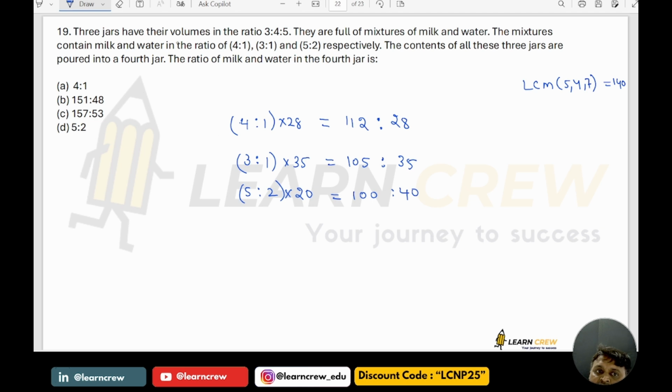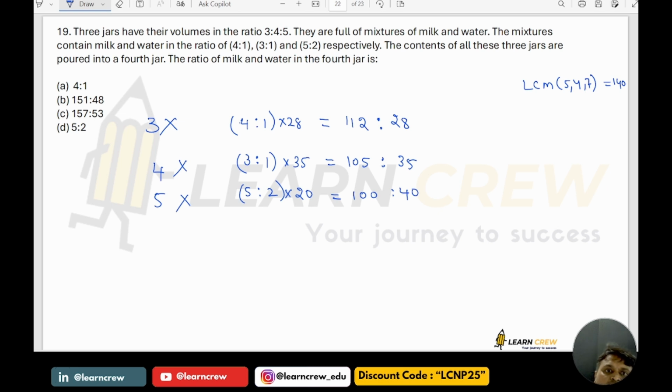Now the 3 jars have their volumes in the ratio 3:4:5. So how much is taken from this? 3. From this? 4. From this? 5. Now the contents of all these 3 jars are poured into the 4th jar.